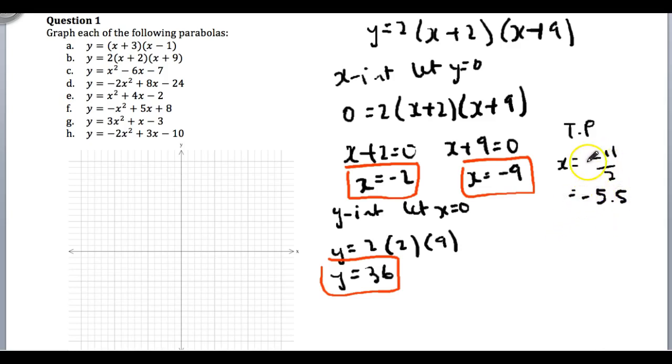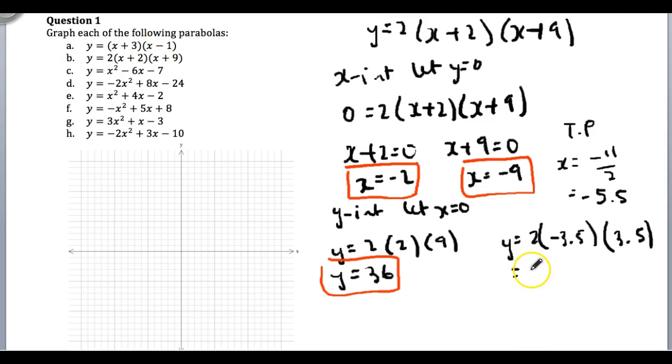Now, to get your y coordinate, we've got to substitute -5.5 back into this. So this is where it can get tricky, because remember, you need to be able to do this without your calculator as well. So -5.5 plus 2 gives you -3.5, and -5.5 plus 9 is 3.5. Okay, so this is crazy.